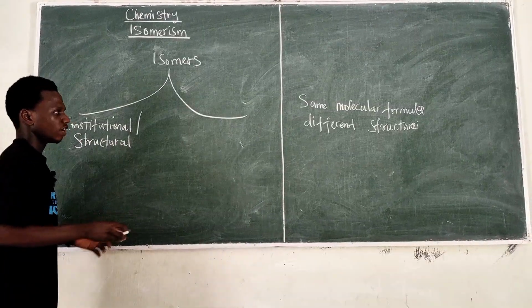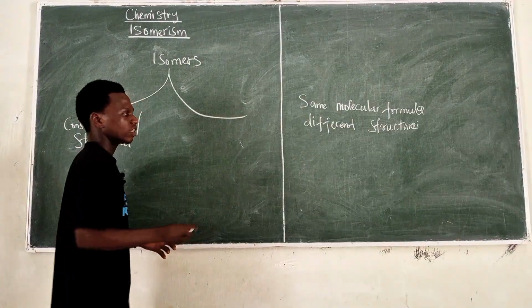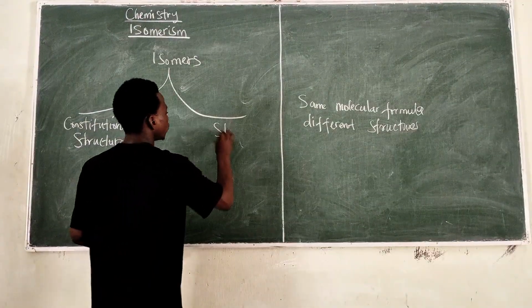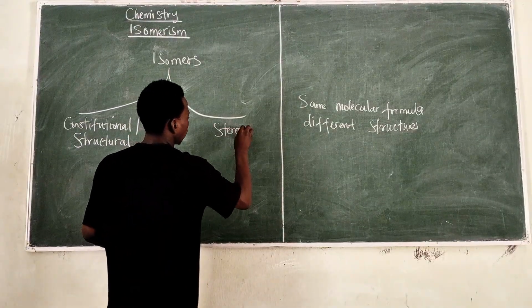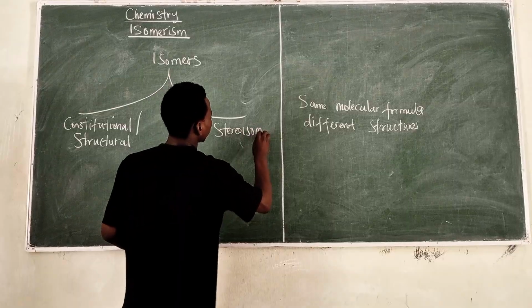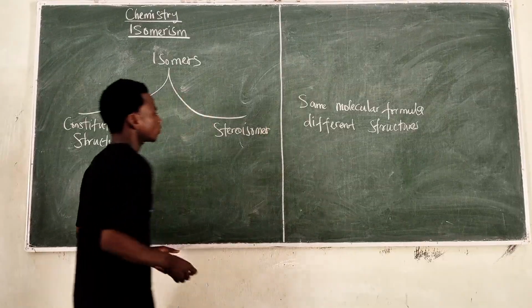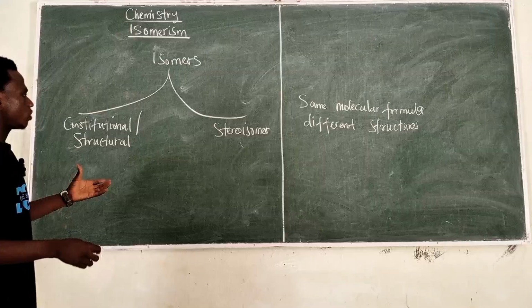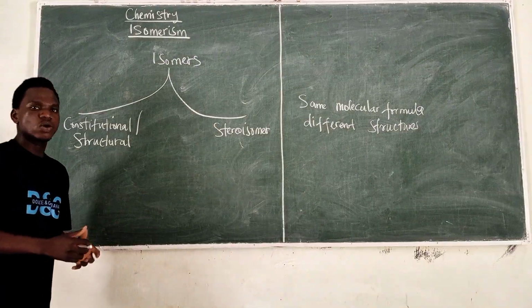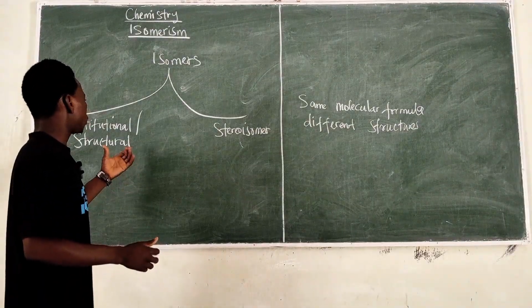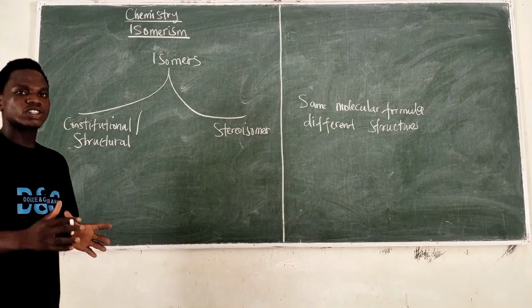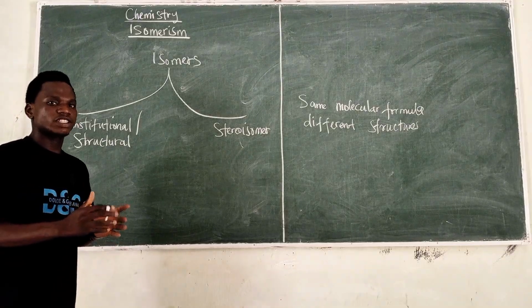We also have another type of isomer known as stereoisomer. Constitutional isomer or stereoisomer. Constitutional isomer is also divided into 5 types.